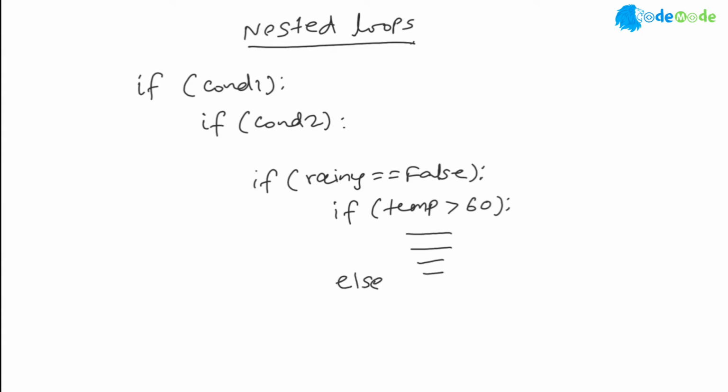Otherwise, you want to do something else. And else, it can be another thing. If it is not raining, but temperature is this, then you have more if else. So this whole block is inside an if block. This is what we call nested if.